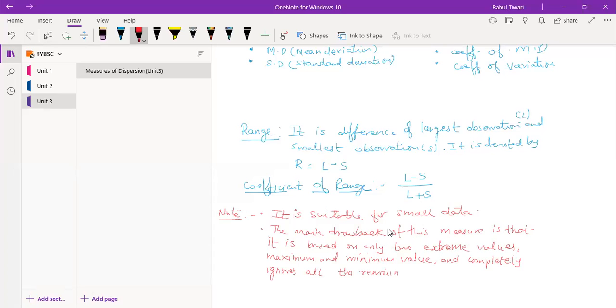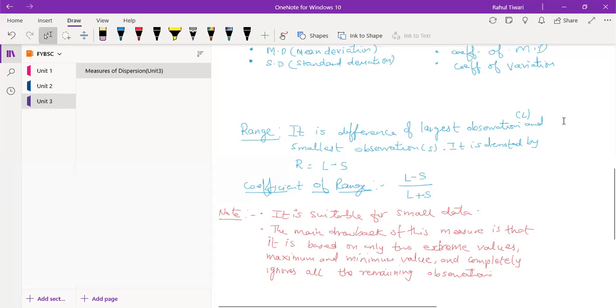These two notes you should always take care of in the case of range and coefficient of range.